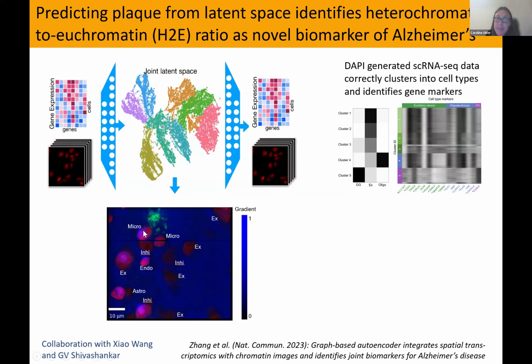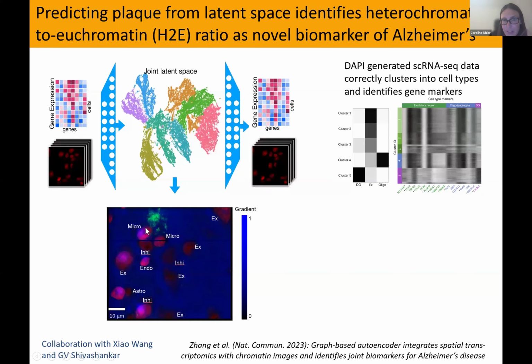And all you get here is the gradients. What is highlighted here are pixels that are very indicative of having plaque nearby, whereas when it's dark like this, it means that these pixels are not indicative of having plaque nearby. And you see something interesting, right? Some microglia here are lighting up, which is what you would expect.